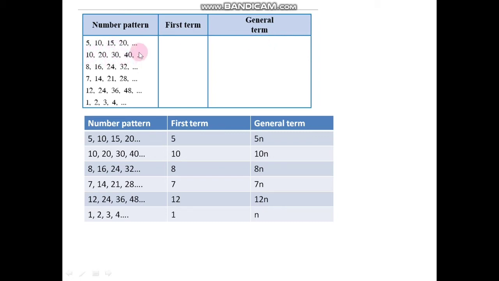This is also multiples of 10. First term is 10, general term is 10n. Next one, 8, 16, 24, 32. This is also the multiples of 8. So the first term is 8, and the general term is 8n. Similarly, you can find solutions for these three terms also.